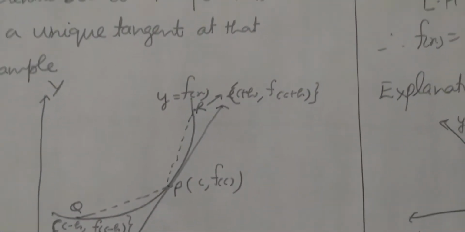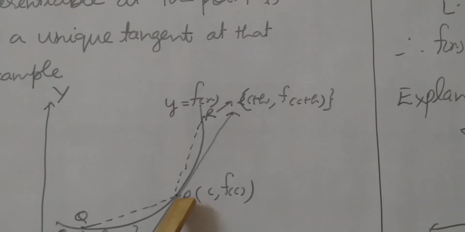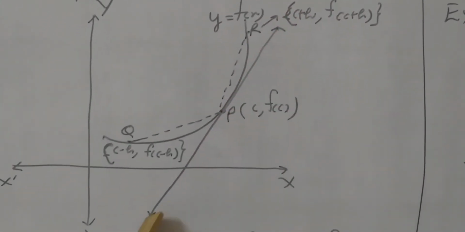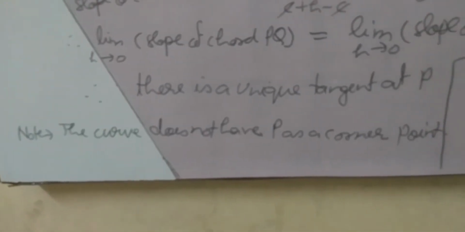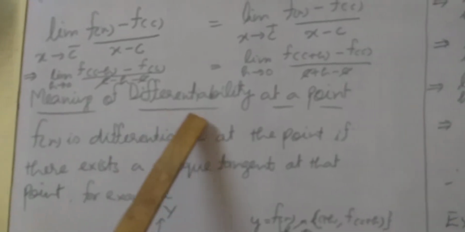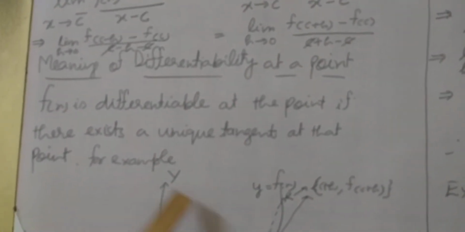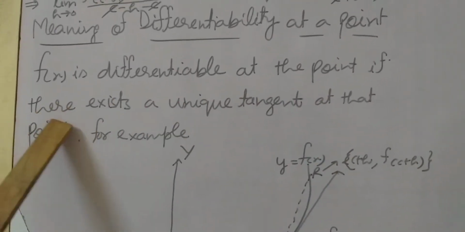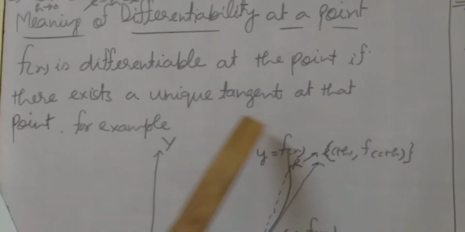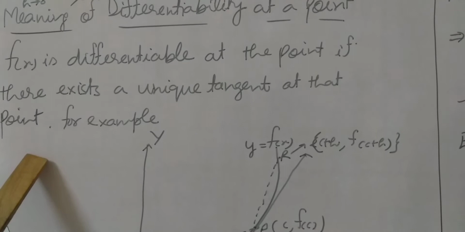It shows there is a unique tangent at P. Because both slopes are equal, that's why there is a unique tangent at P. Okay students, so the meaning of differentiability at a point by the graph: f(x) is differentiable at the point if there exists a unique tangent at the point.